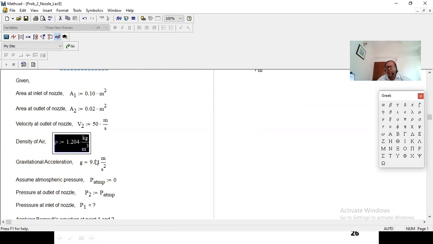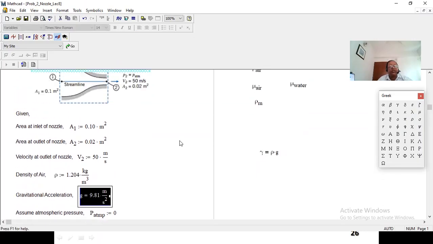The value of g we need. Why? You need to figure out P by gamma, and we know that gamma equal to rho g, right? So that's why you need to have the value of g. So this is the value of g.